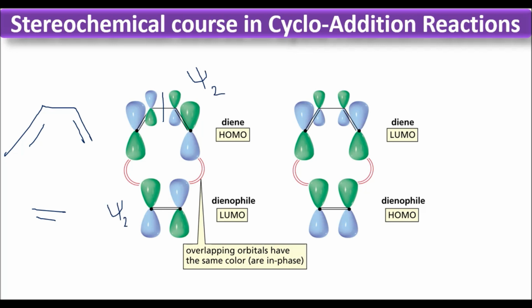The same side lobes, that means bottom side lobes, are involved in bond formation. Here top side lobes are involved in bond formation. So this is supra partner. Here also you can see the same thing. Bottom side lobes are involved in cycloaddition, top side lobes are involved in cycloaddition. So this is called supra mode of cycloaddition reaction.